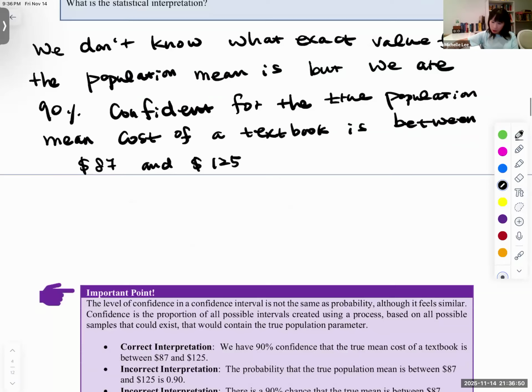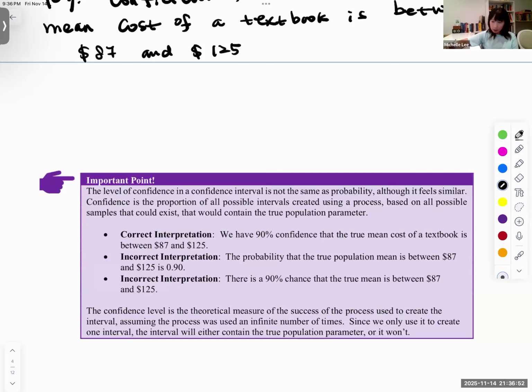Okay, so there is an important tip. We have a 90% confidence level, so don't treat that as a probability. Since that is not a probability, we cannot use the word chance. That is the important tip here. The correct interpretation: we have 90% confidence that the true mean cost of a textbook is between $87 and $125.